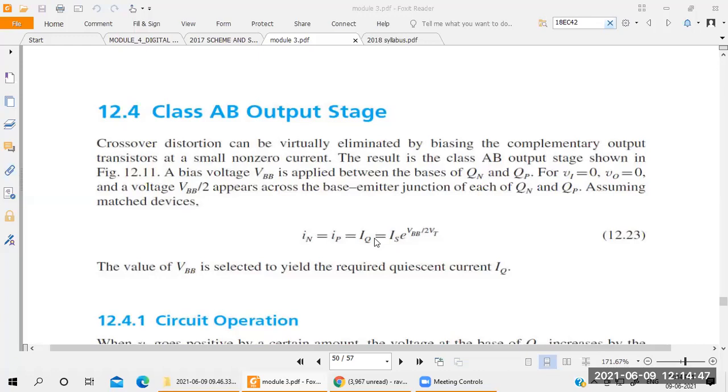Sunidhi. Sunidhi KR. Yes, sir. What is the output waveform of the class AB amplifier?